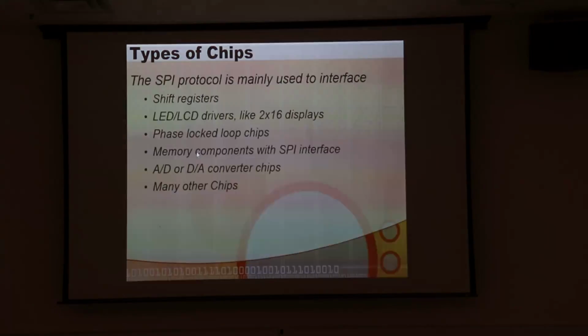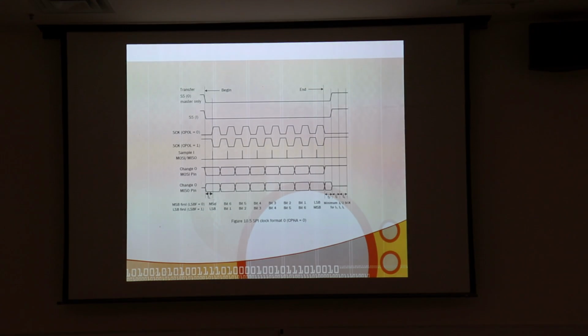Okay, so this is what a transfer looks like. The slave select goes low, and the clock starts ticking away. Normally, when you're not transmitting data, the clock isn't ticking, and then the data starts getting shifted.